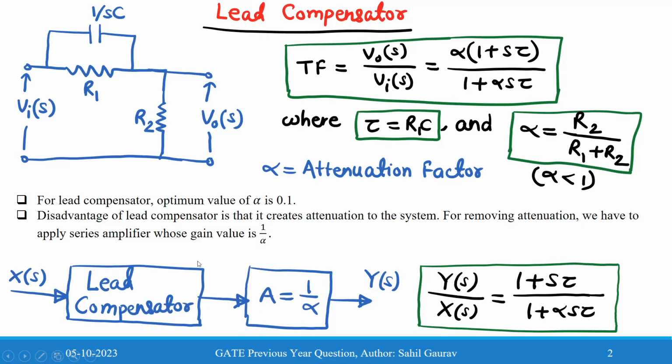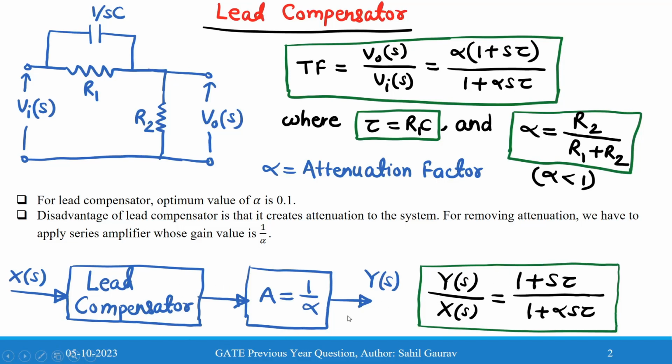So for removing this disadvantage, we add one series amplifier to the lead compensator, as shown in this block diagram. Now we can find the transfer function without having attenuation or any gain value.